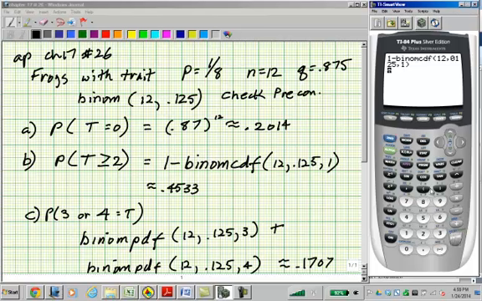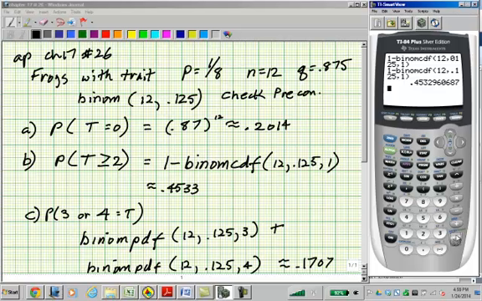And I have a typo here. I should have checked before I hit return. 0.125. So the probability is around 0.45.